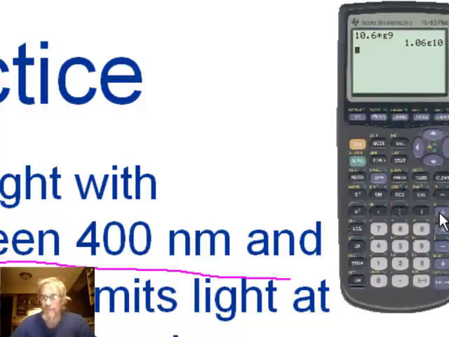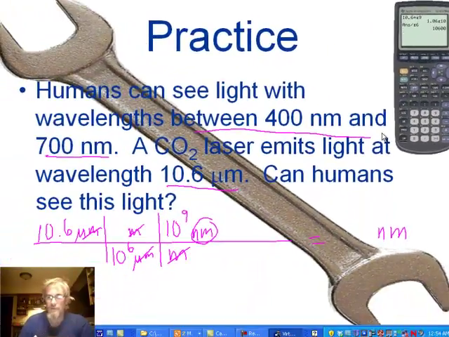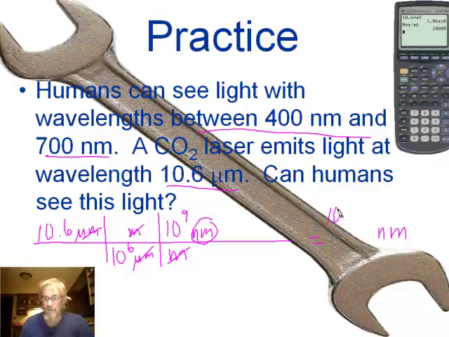I hit enter. Now I'm going to divide by 10 to the 6th. Second function, E6. Hit enter. Well, there's my answer. It turns out that this light is 10,600 nanometers. Well, that is obviously not between 400 and 700 nanometers. So we can't see that light.